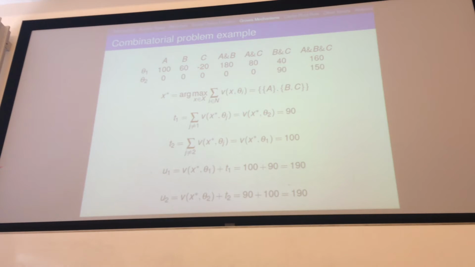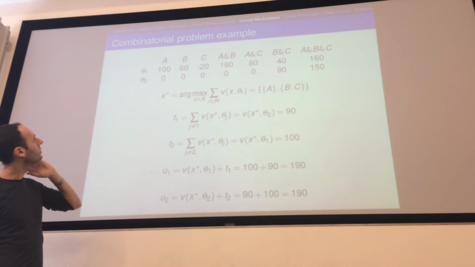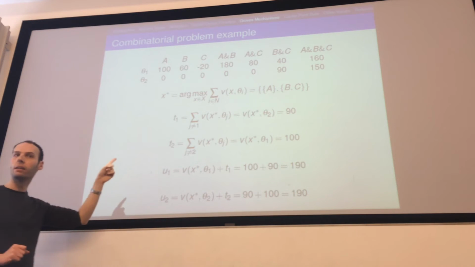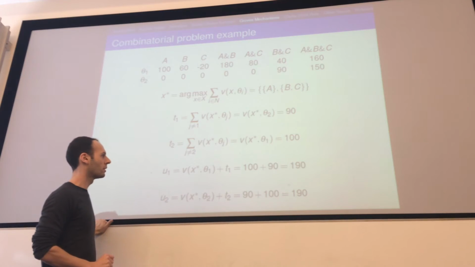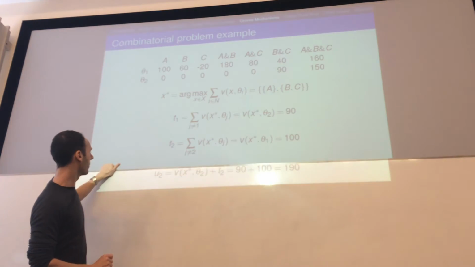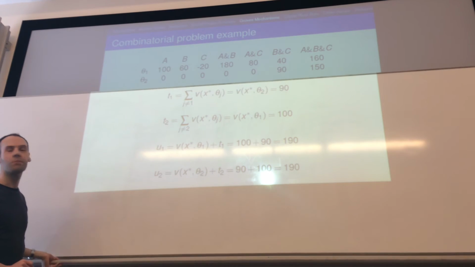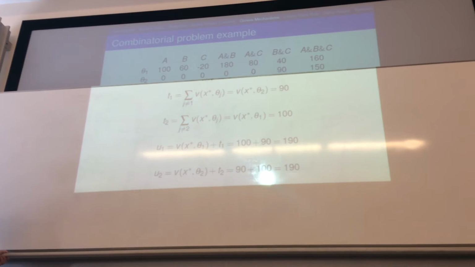They can misreport, obviously. So, for example, what did we say before? In the previous mechanism where we didn't have transfers, agent 1 was going to report 1 million for A and B. Suppose that it reports 1 million for A and B. What would happen in this mechanism? Let's see if the agent can profit by misreporting.